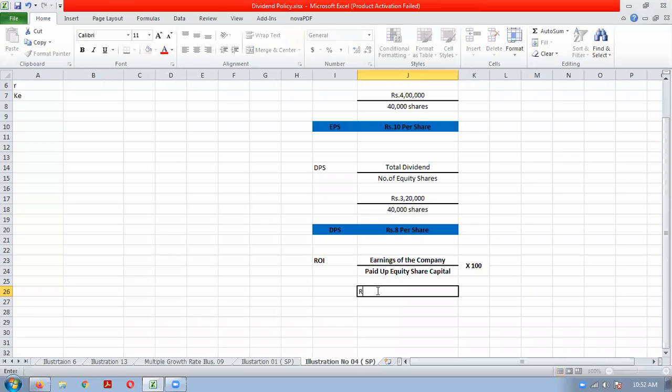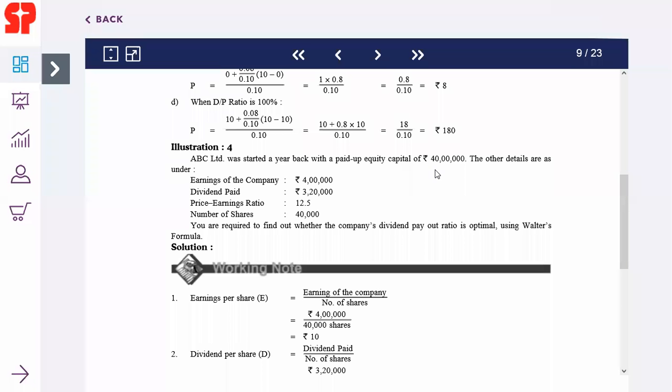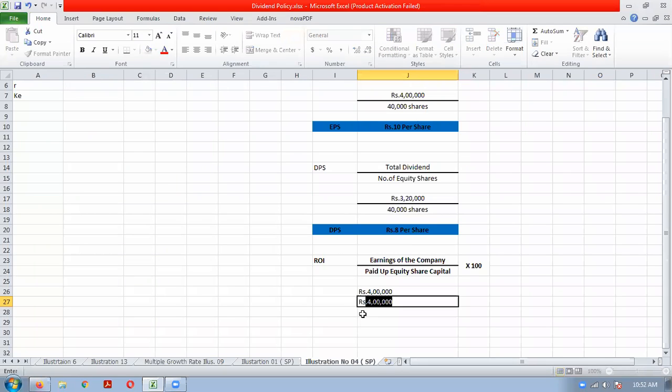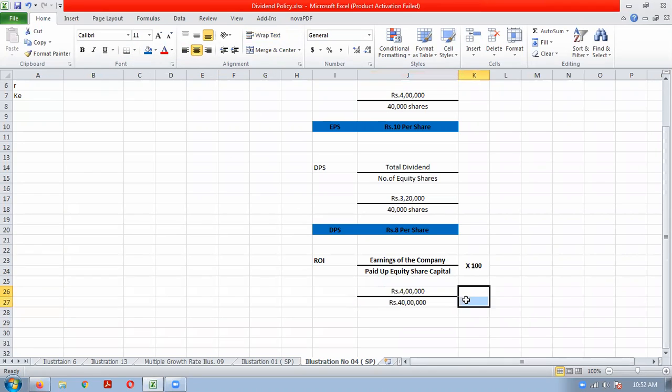Earnings of the company is rupees 4 lakhs. Paid up share capital is 40 lakhs. So how much is the company earning for the shareholders? Into 100, because it will be in percentage.